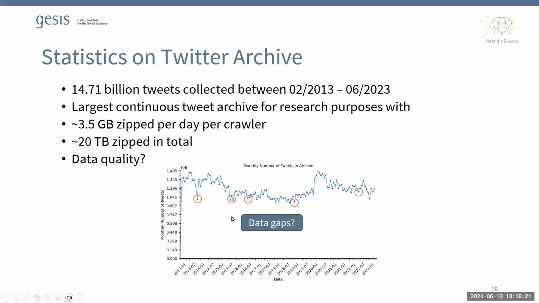The question might arise whether people tweeted less during these months, or whether we actually missed part of the data due to server outages. That means our crawlers were not running correctly, or the API of Twitter was down, or there could also be other reasons.